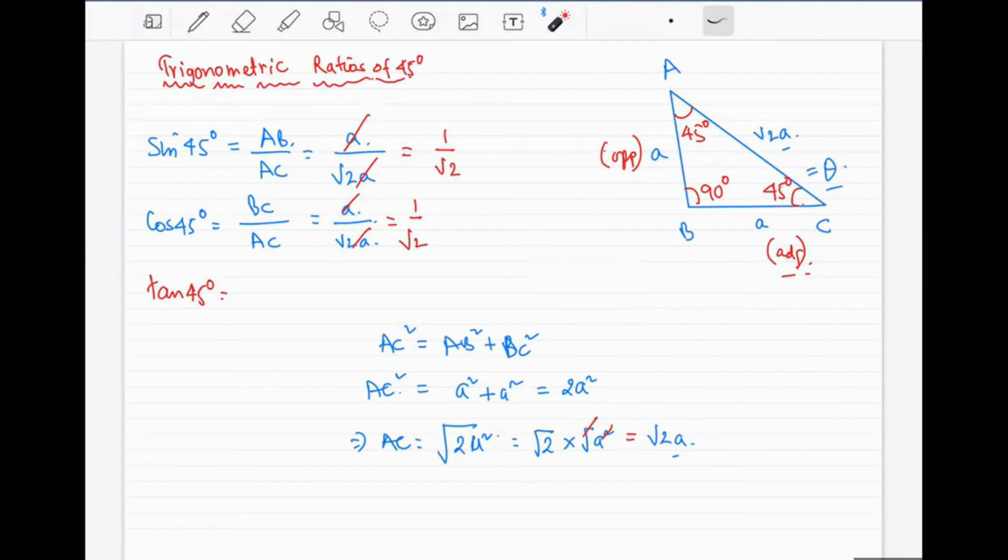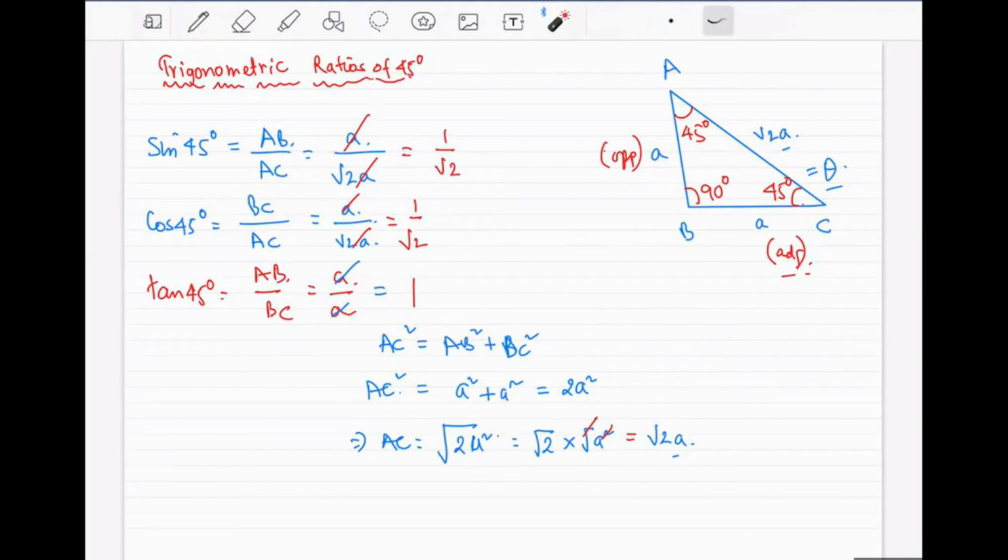Opposite is AB, adjacent is BC. So just write down AB by BC. AB is A. BC is also A, right? So just put in the value A divided by A. I can cancel them out. So the final value I'm supposed to obtain is 1, right?